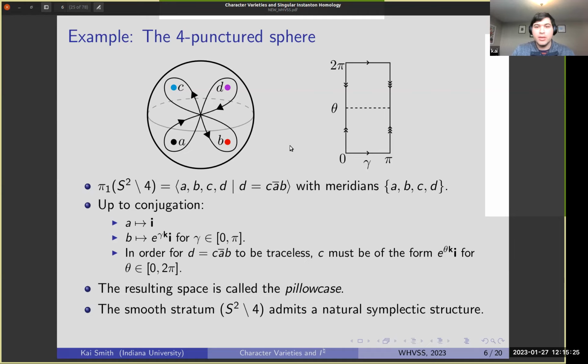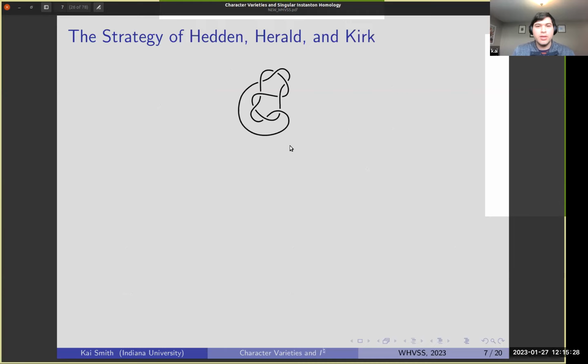So how can we use this to try to get a knot invariant? The strategy set forth by Hedden, Herald, and Kirk starts with your knot. Then, just like before, we want to add an earring. Then we find a sphere which intersects the knot in 4 points.